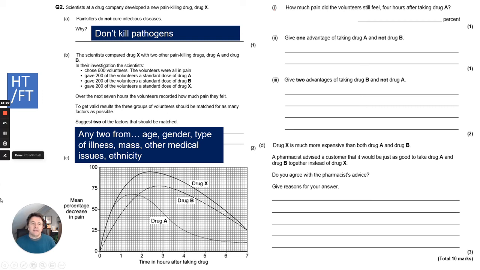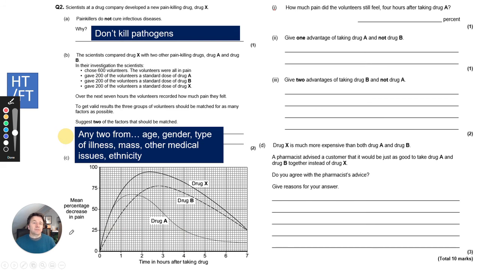Okay, so C one: how much pain did the volunteers still feel 4 hours after drug A? So let's have a look. I'm just going to draw on here. So after 4 hours, we'll go to drug A, and it says mean percentage decrease in pain.